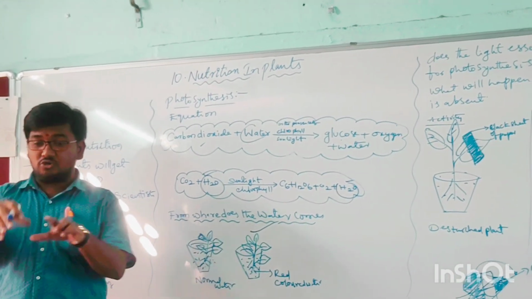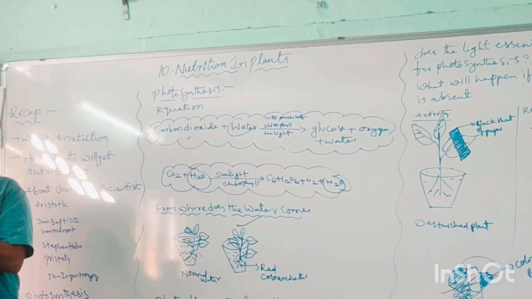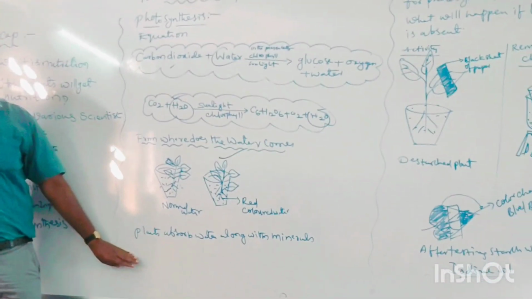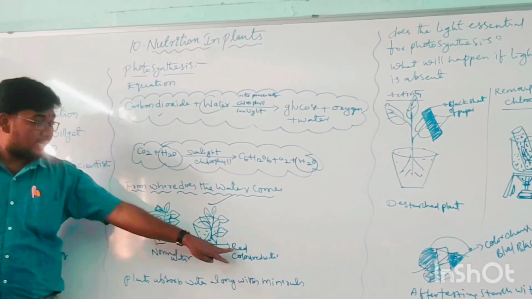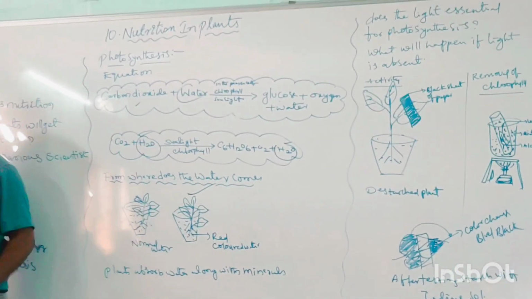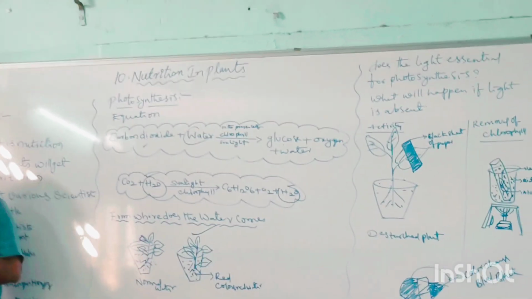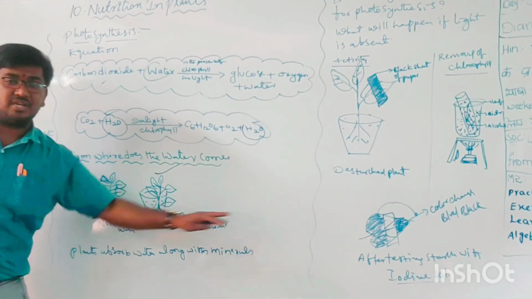Only when the fertilizer is dissolved in water can the plant take it up. So plants do not absorb water alone, but along with minerals. Like here, the red color acts like a mineral, so along with the red color, water enters the body. So we can say plants absorb water along with minerals.